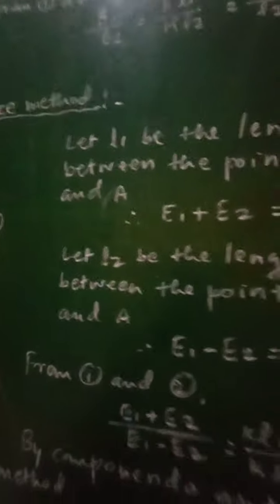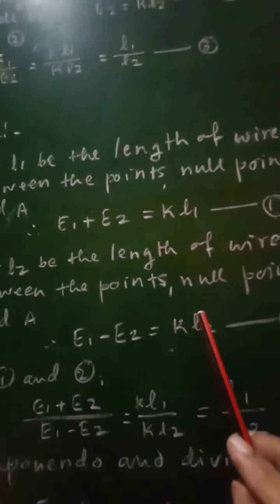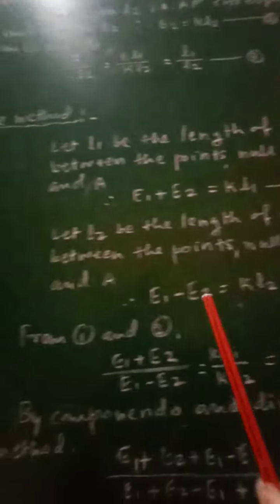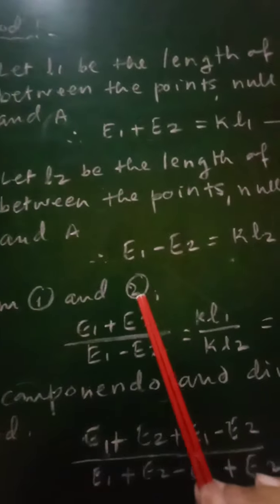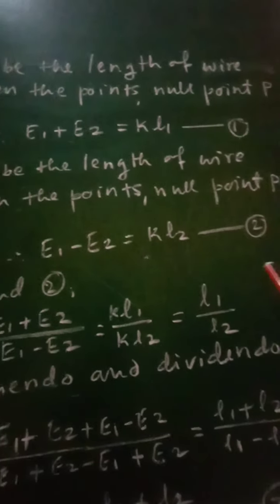So point P dash will be the other null point, and let L2 be the length of the wire between the null point P dash and terminal A. Then E1 minus E2 will be equal to KL2, equation number 2.